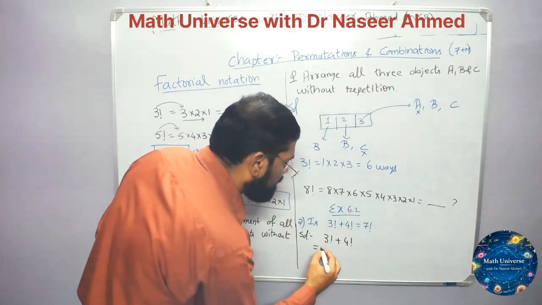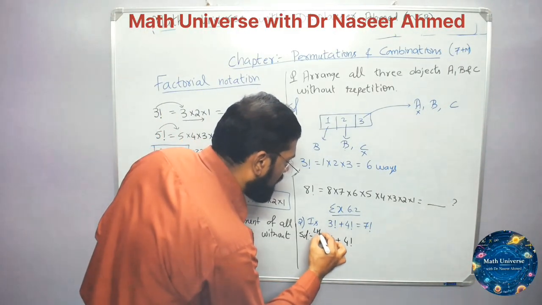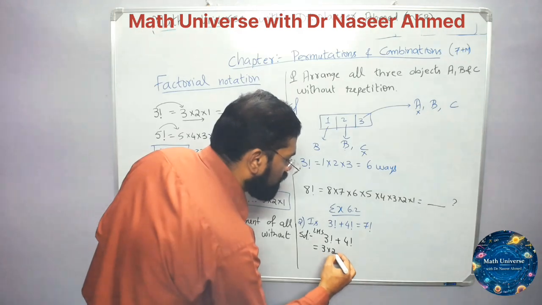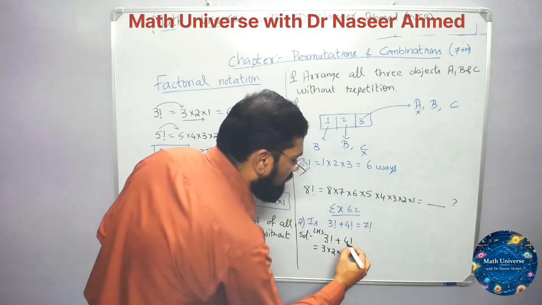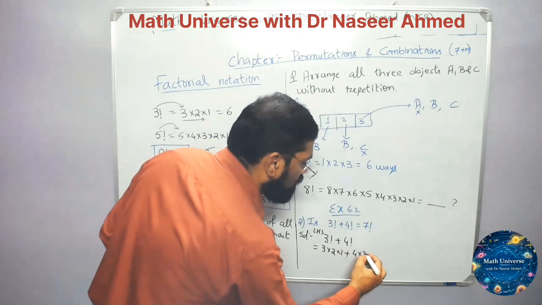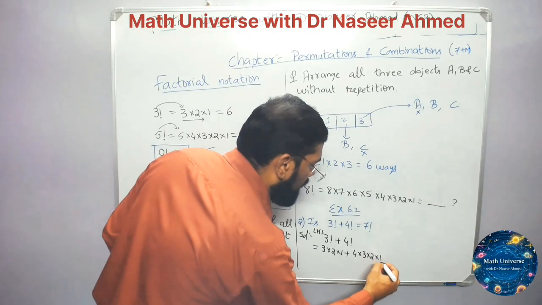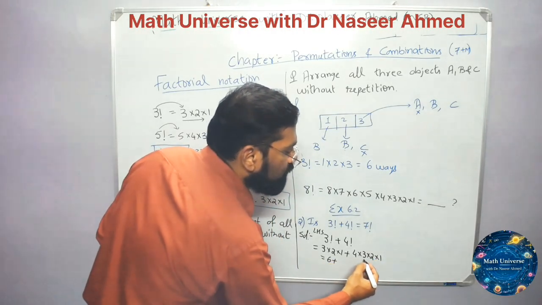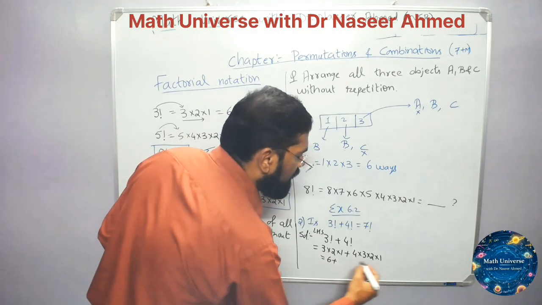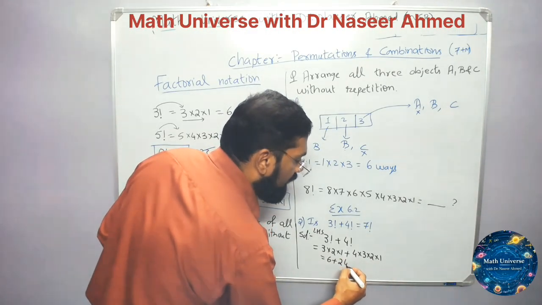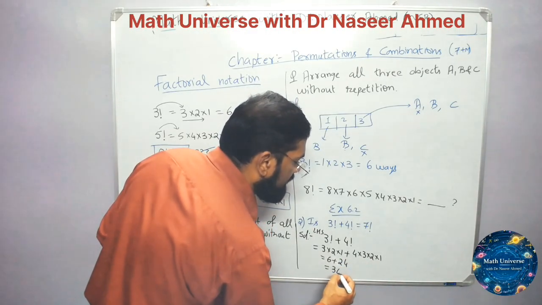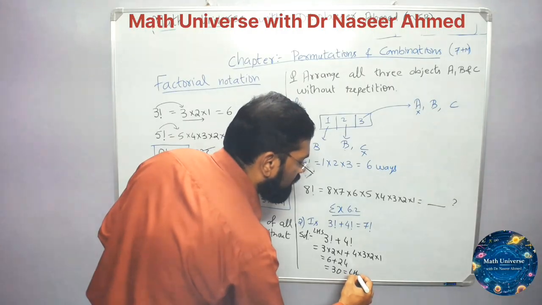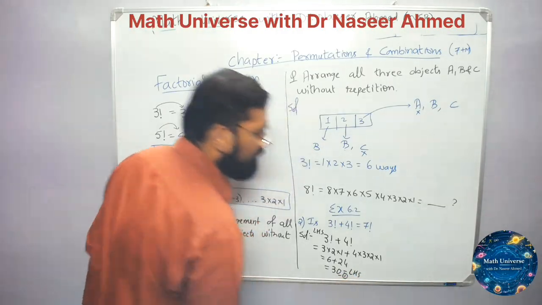Left hand side: 3 factorial is 3 into 2 into 1, which is 6. 4 factorial is 4 into 3 into 2 into 1: 4 into 3 is 12, 12 into 2 is 24, 24 into 1 is 24. Adding, we get 30. This is our left hand side, equation number 1.